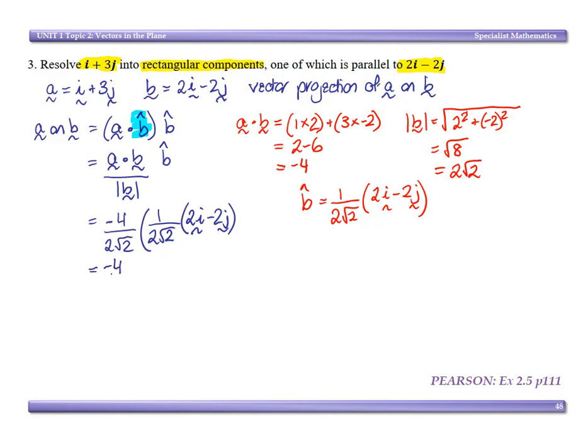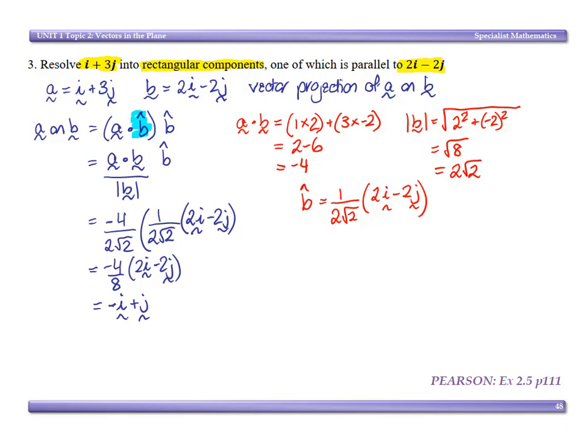So negative 4 over 8, 2i minus 2j, which ends up giving us negative i plus j. So that's the first part.